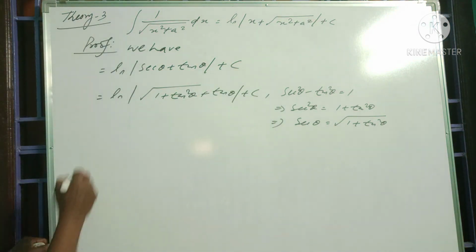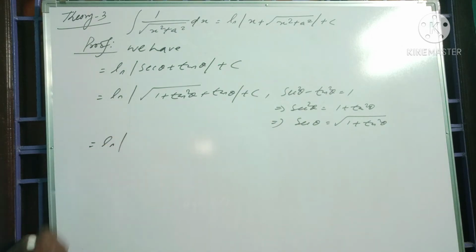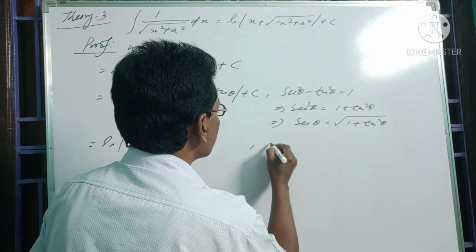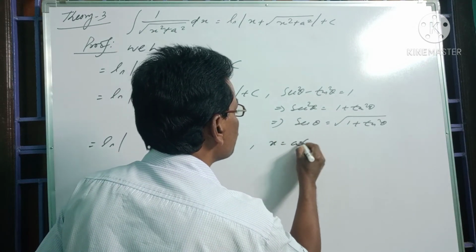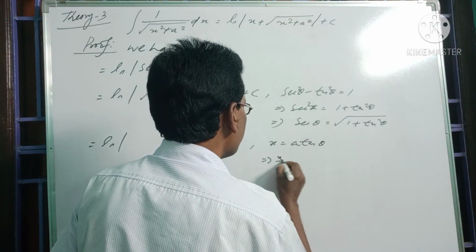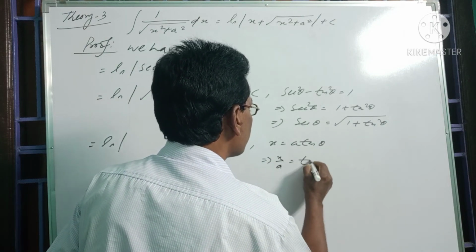Now we have ln of mod of, and in place of tan theta, we have taken x is equal to a into tan theta. So simplifying, we have x by a is equal to tan theta.